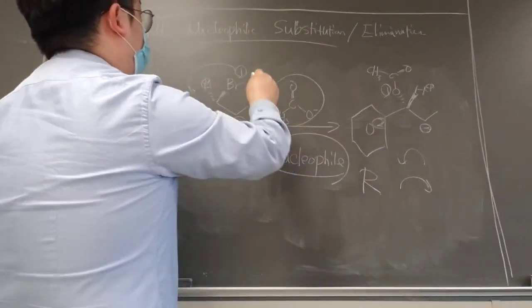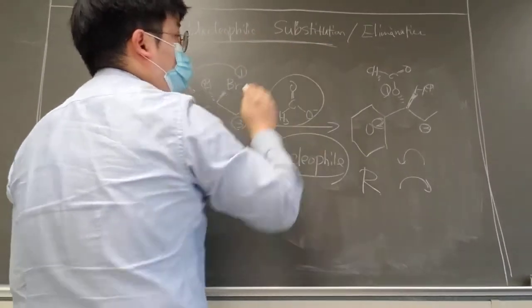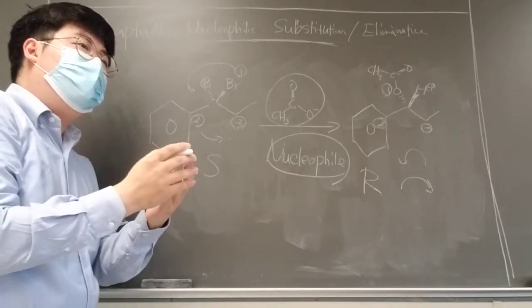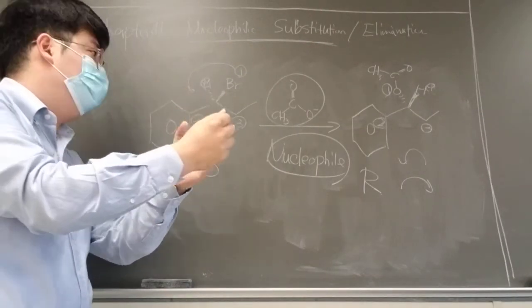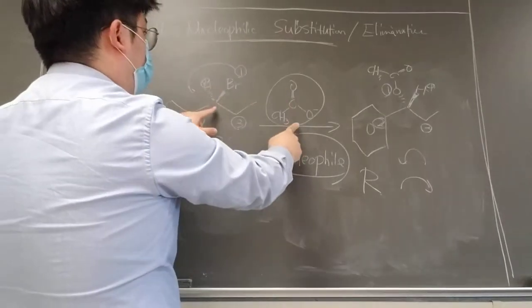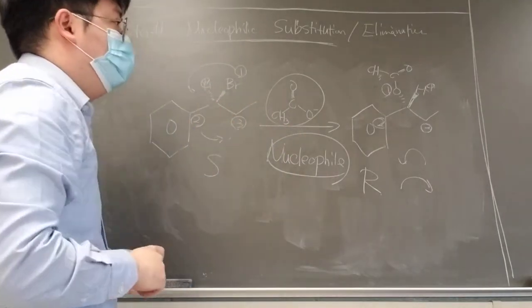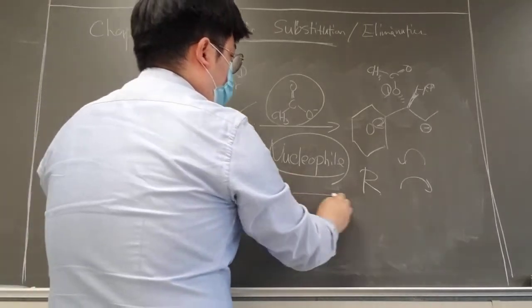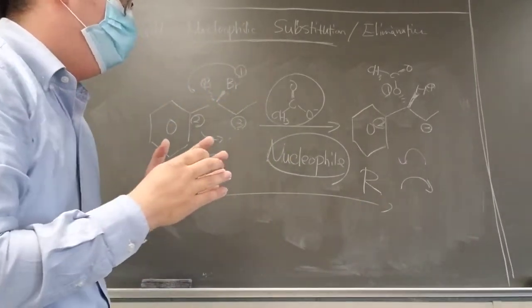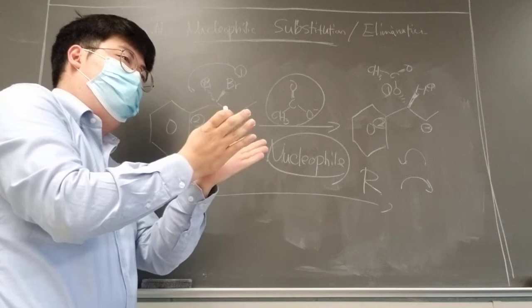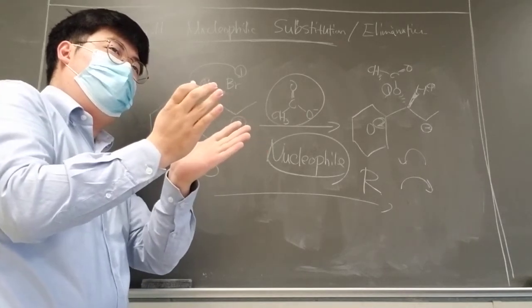So this is why we call this a nucleophilic substitution. So the nucleophile comes in and makes the halogen group a leaving group. So they will leave, and then the nucleophile is going to bond to that position. But in that way, it's actually going to change the RS configuration in the opposite way.